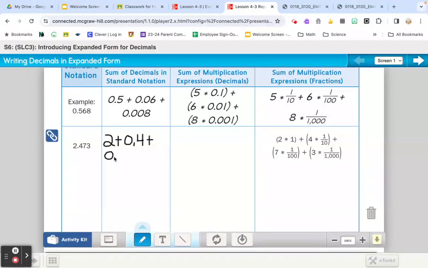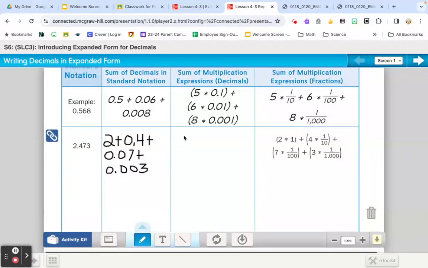So 0 and 7 hundredths. We have a 3 in our thousandths place. So we have 0 and 3 thousandths. And that is the standard expanded form. Probably the one that most of you are going to go to if the book does not tell you a certain one to do.